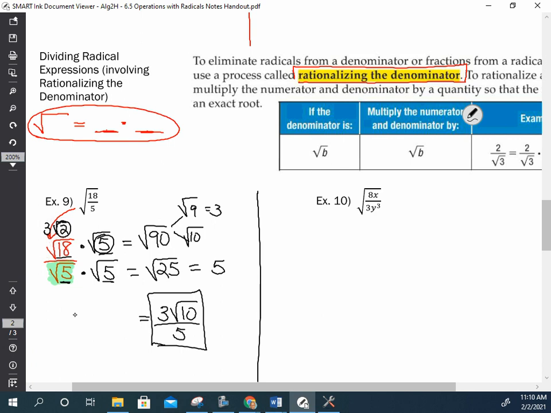All right, problem 10. We're still dealing with the square root, so the same rule applies. Break the two parts up.